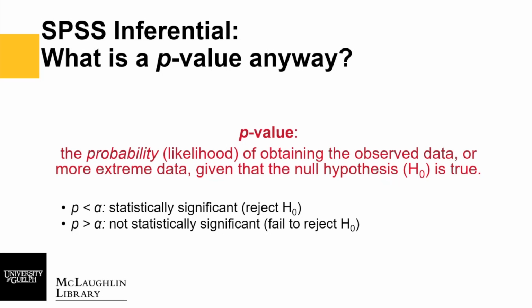It's a very subtle change, but it's important. The reason this matters is, let's say we've got a p-value of 0.4, which is greater than 0.05. P-values can't tell us about no difference. They only say there is a difference or we failed to find a difference. So I'll read the p-value definition one more time. It's the probability or the likelihood of obtaining the observed data or more extreme data, given that the null hypothesis, H0, is true.